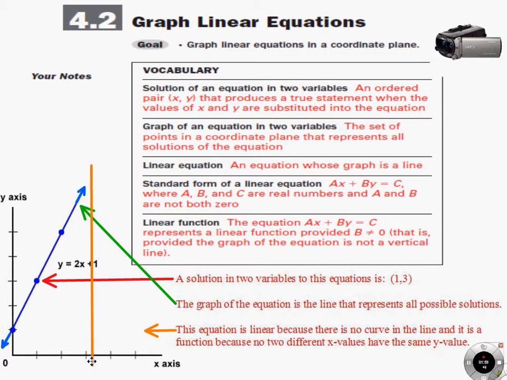If that line only hits one point at any given time, then your line represents a function. If that vertical line touches more than one point at any particular time, then that line represents an equation that is not a function. In this situation, as you can see, we have a function.